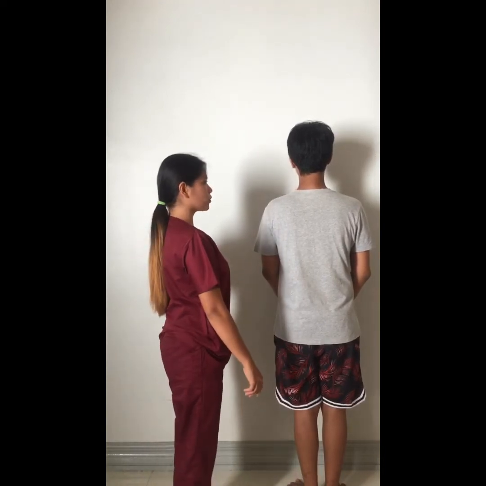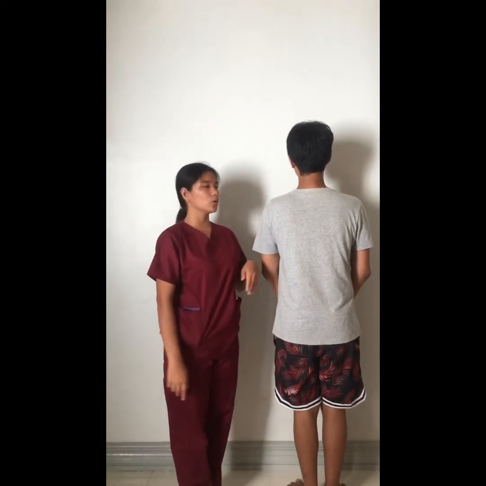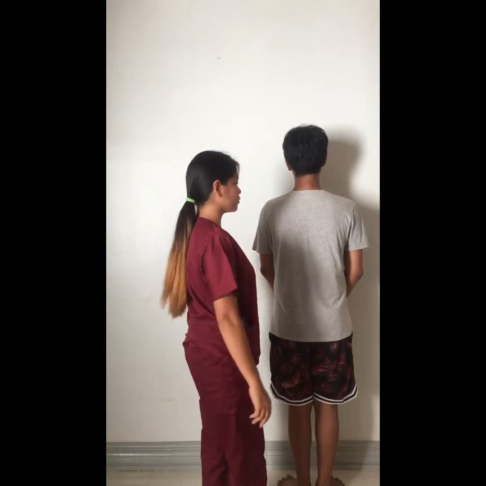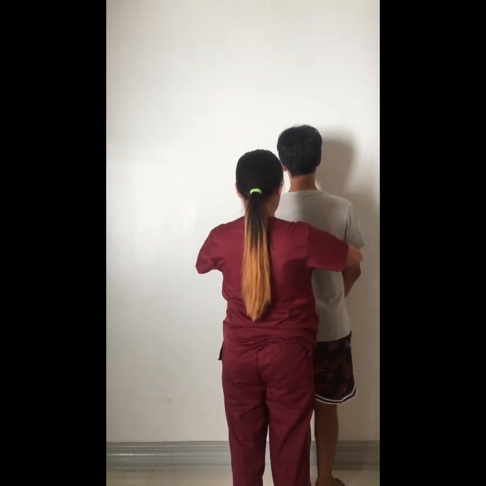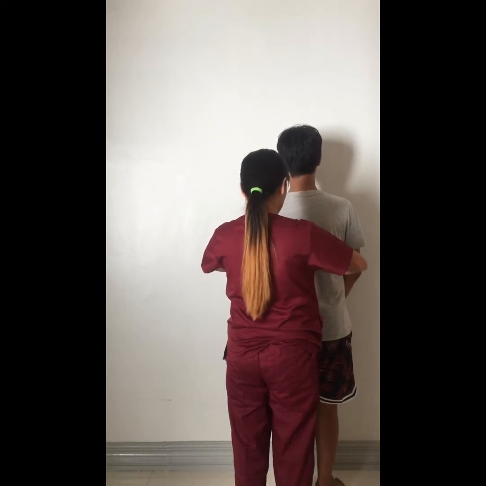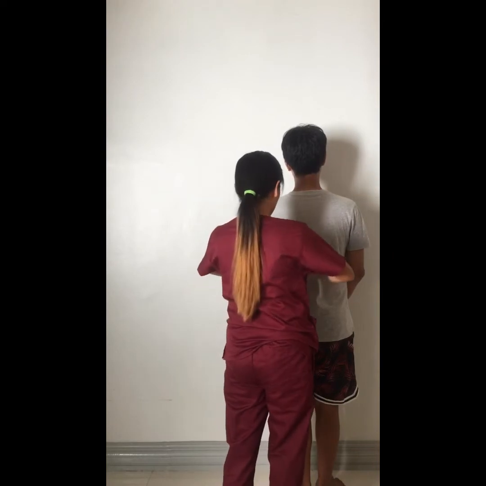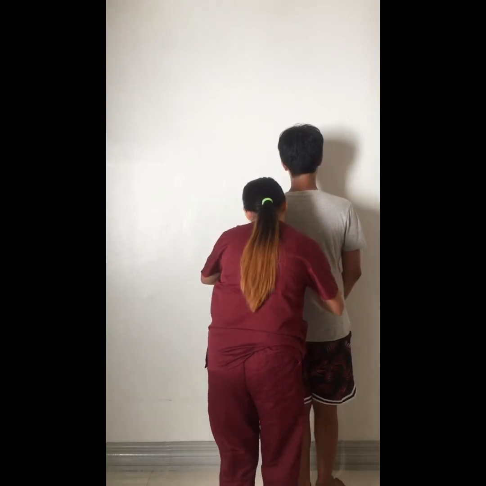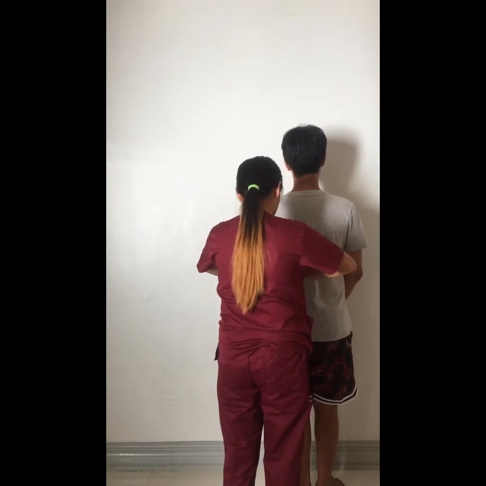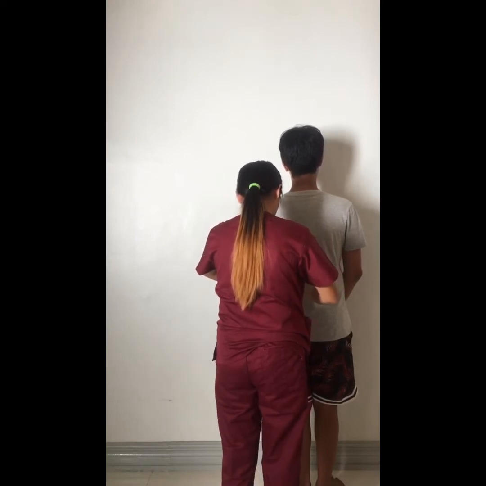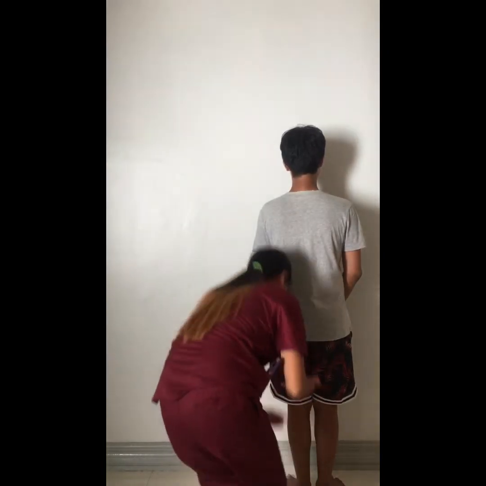The only thing you need to do, sir, is to take a deep breath and hold it, and then I'm gonna do it now. I have a marker here to note the end of the breathing.